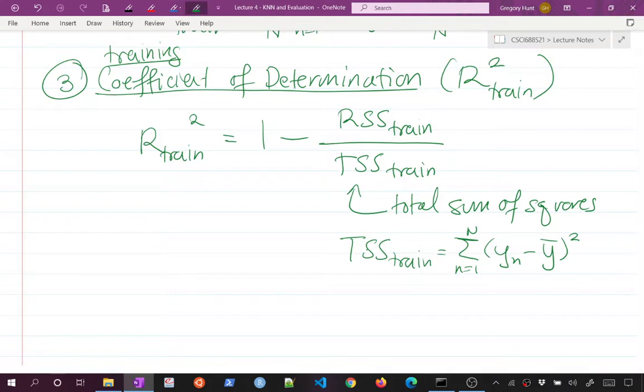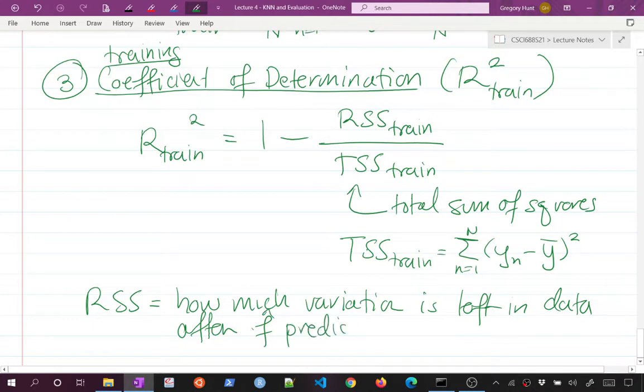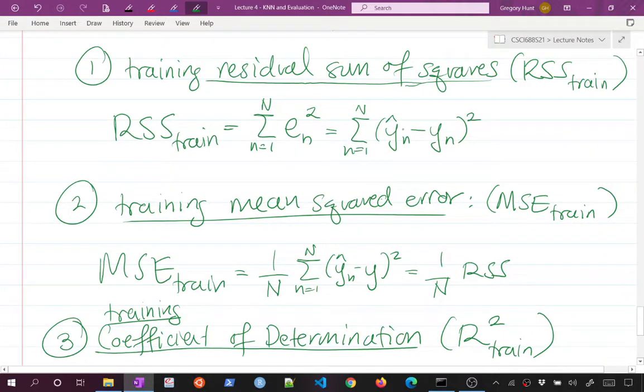So the idea behind R squared is that RSS is how much variation is left in the data after f hat predicts. What do I mean by that? If you look at RSS, you could switch these around and say it's y_n minus y_n hat.